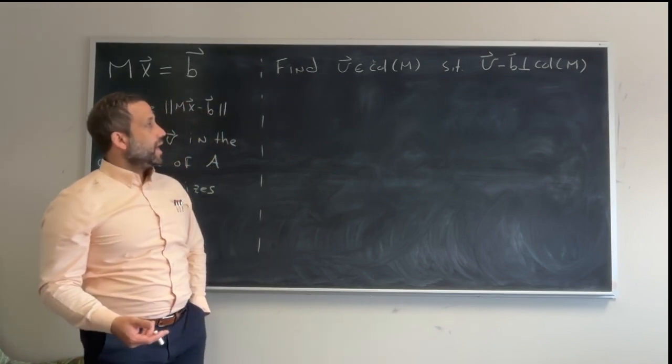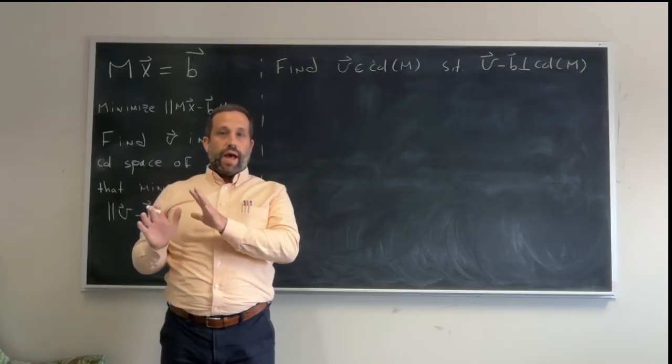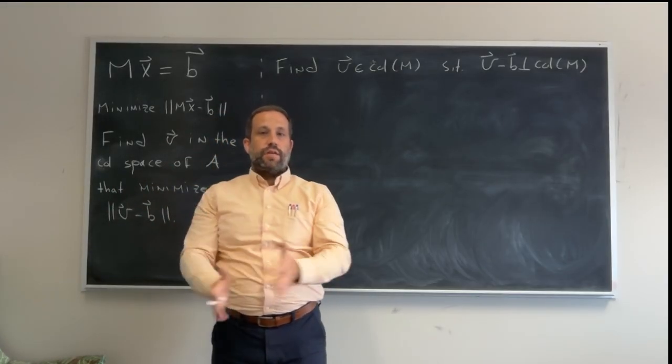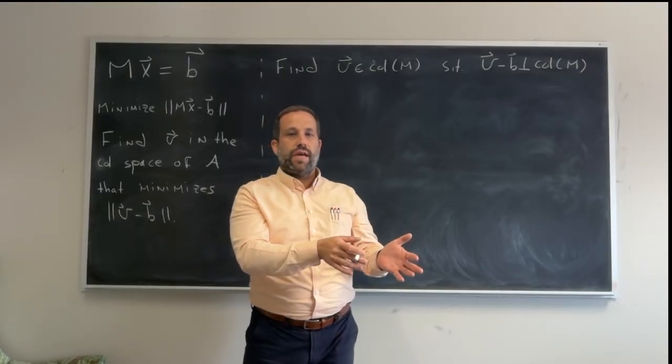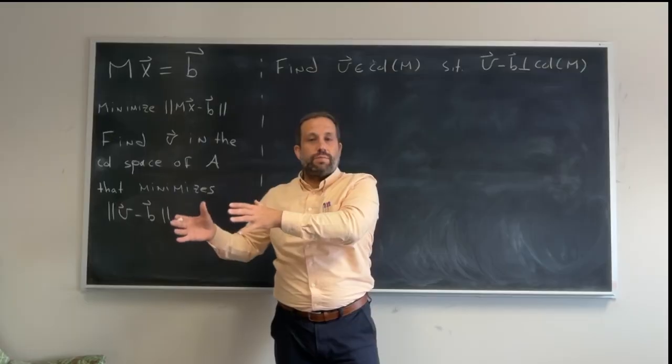For any vector b and any subspace, we can write b as something in that subspace plus something orthogonal to that subspace. And we want v to be the something in that subspace.